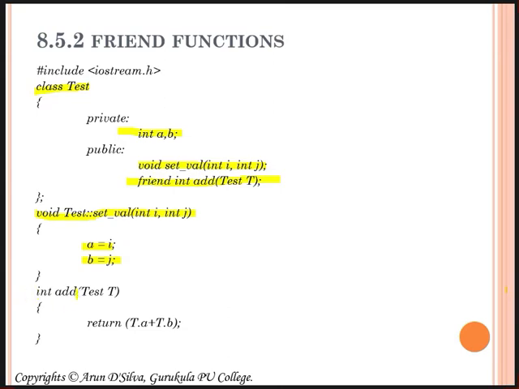So int add(test t) I used, and in the body I have used return t.a + t.b. Now a and b are the member data, both belonging to the private section, and they are accessed here just because int add is a friend function for the test class. This is the way. The rest is as usual.